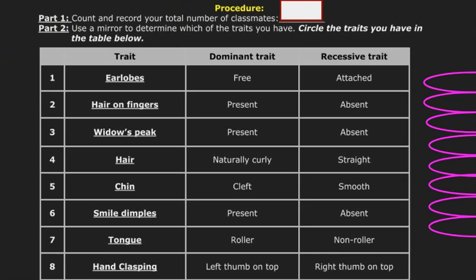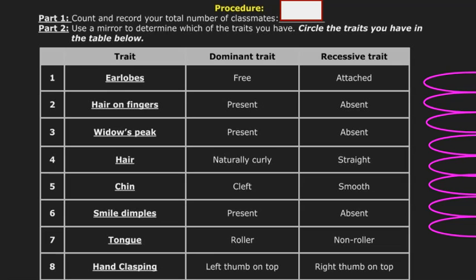So maybe in some part of the world, free earlobes are dominant. In other parts of the world, maybe they're not. Or hair on fingers, or one of those things that's considered to be a dominant trait, might not be dominant in this particular part of the world. I'm not sure how they determined that. It's probably worldwide statistics, but you'll see that at least half of these aren't going to turn out the way they're supposed to.